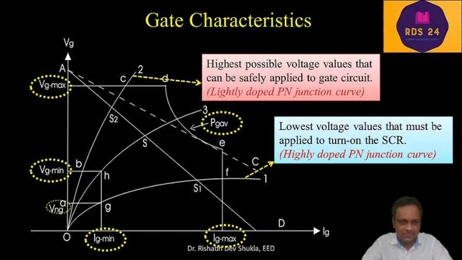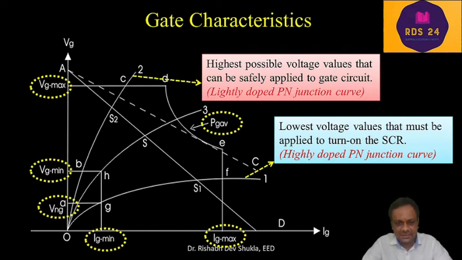SCR. Then we have the VNG, the non-triggering gate voltage. That means all other signals, in order to minimize false triggering or unwanted triggering, all the noise signals should be less than this non-triggering gate voltage value.